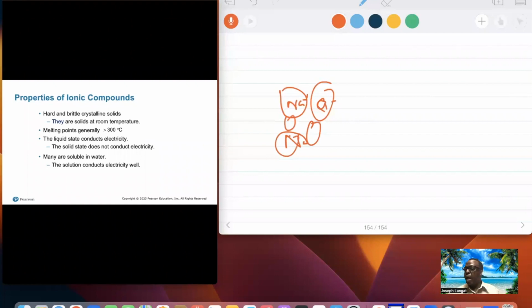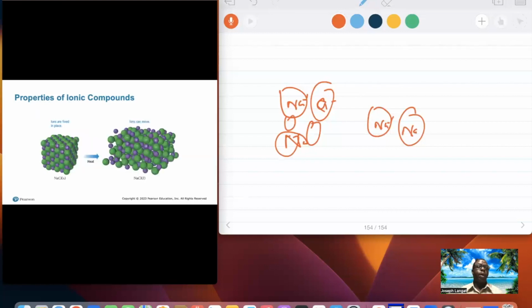If you shift the layers so that positive and positive are touching one another, they repel, and this explains why ionic compounds are so brittle, because when positive and positive come in contact, they shatter, they repel.